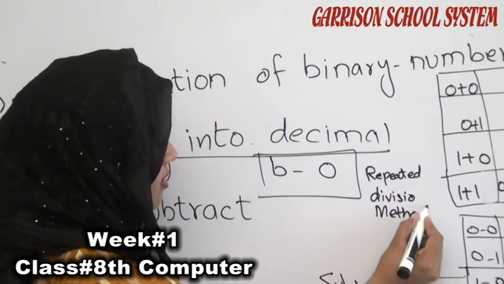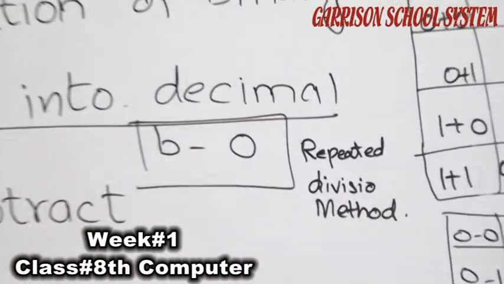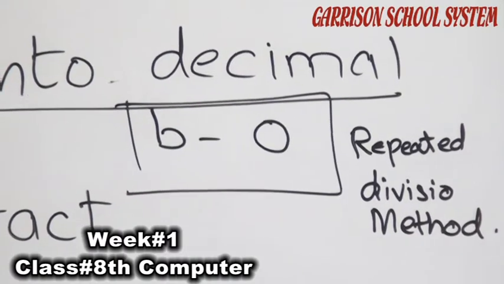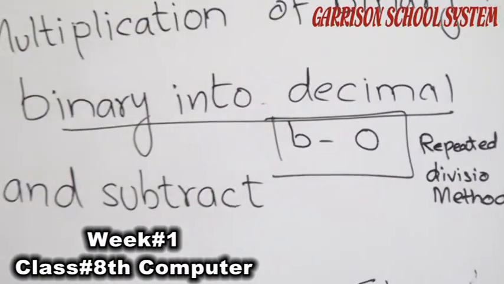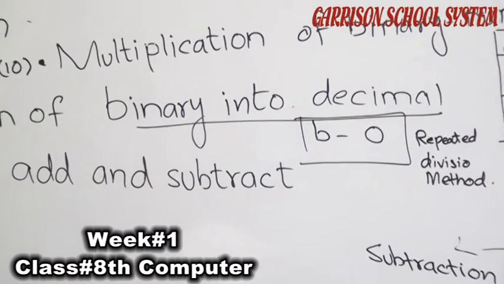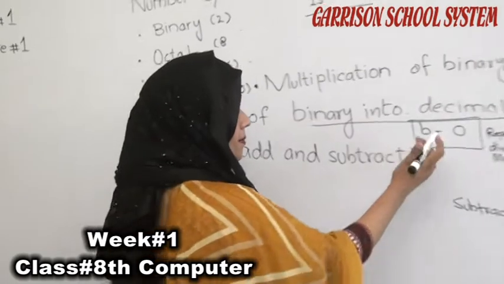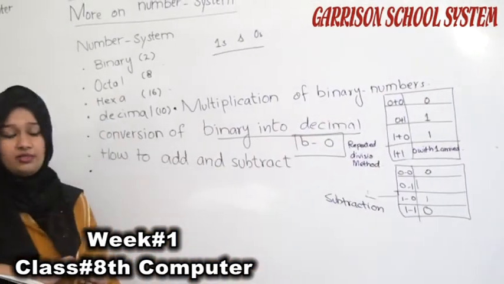Keep in mind, when you convert binary number into octal number, you use the repeated division method. Is that clear? Okay. Suppose I give you an example of binary into octal number system.